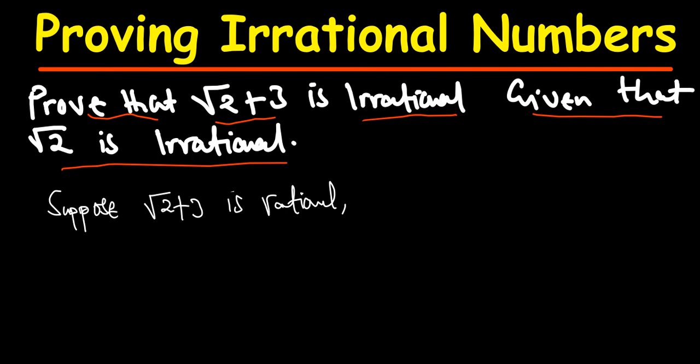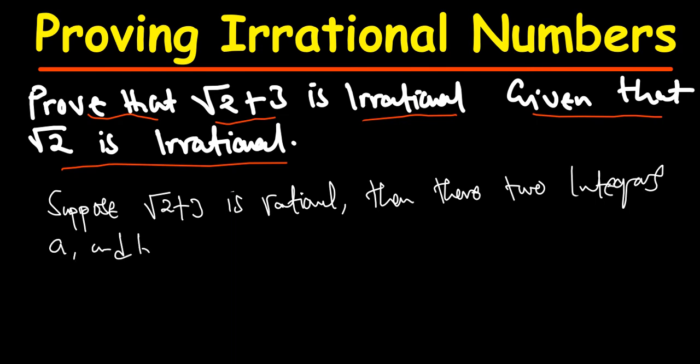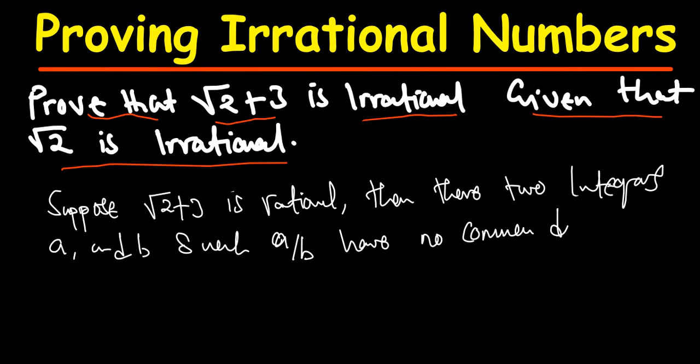Then there exist two integers a and b such that a over b have no common divisor, or no common factor, and b is not equal to 0. This is the first assumption that you always make.